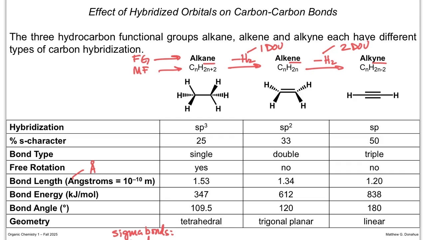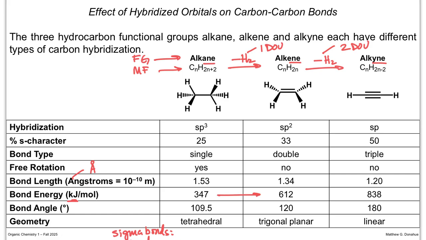The bond energy, we're going to use kilojoules for energy in this class. Your book may use calories or kilocalories or something. Kilojoules is the SI unit, so we're going to stick with that. Notice that the bond energy increases now.